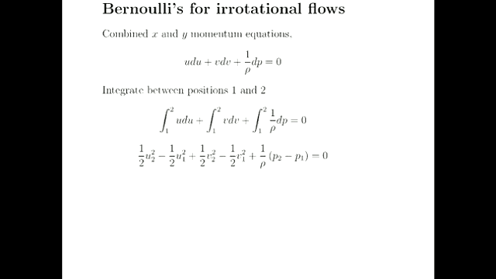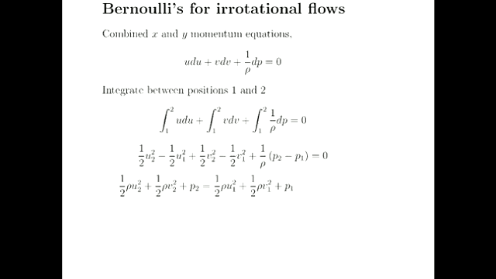If I gather all those terms evaluated at position 2 on one side of the equality, and all those evaluated at position 1 on the other side, you just get Bernoulli's equation, all right? I guess in Bernoulli's equation you're used to dealing with the velocity vector, capital V squared, which is lowercase u squared plus lowercase v squared. But essentially, that's just Bernoulli's equation.